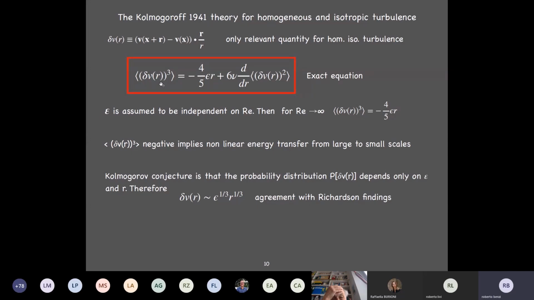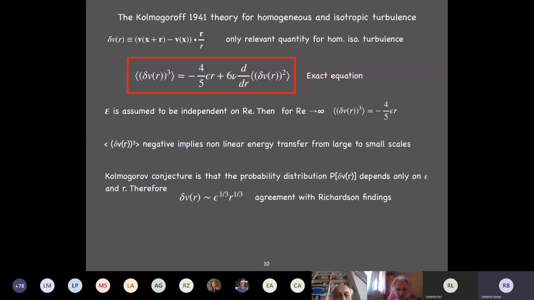Now, the crucial contribution of Kolmogorov was not only to obtain this exact equation, but to state for the very first time that the energy dissipation should be considered independent of the Reynolds number when the Reynolds number goes to infinity. Up to Kolmogorov, that statement was almost at the back of the mind of many people, like Prandtl, Richardson himself, or von Karman.